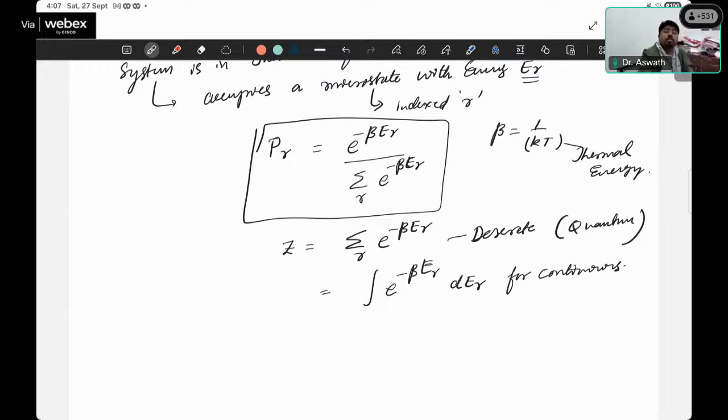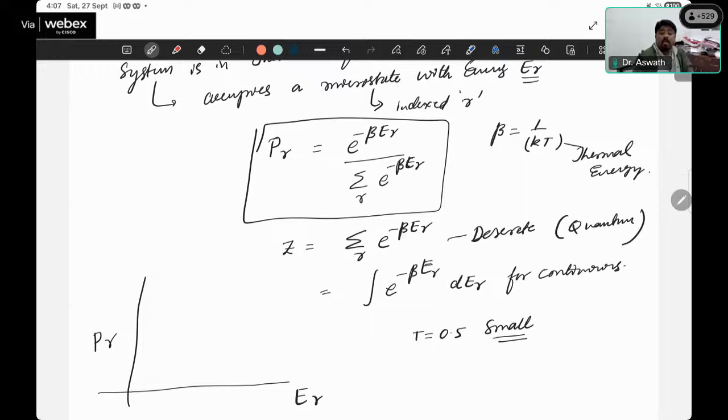Looking at the partition function, you can talk about the nature of the probability distribution. If you plot the probability distribution with respect to energy when T is small, let's say T equal to 0.5, small values, what you see is that the expression of the probability distribution is decreasing like this.